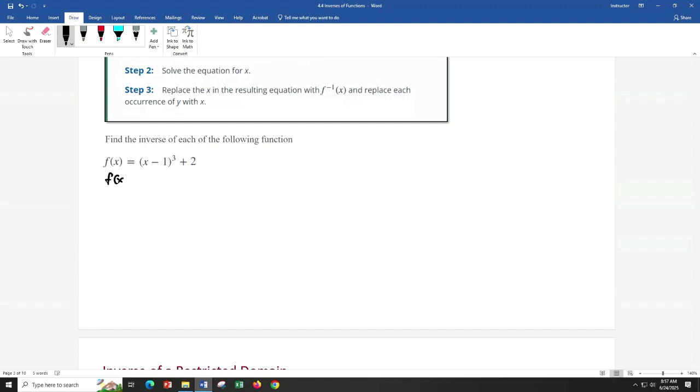I've got f of x is equal to (x minus 1) cubed plus 2. Well, first we'll change f of x to y. So let's change this to y is equal to (x minus 1) cubed plus 2.